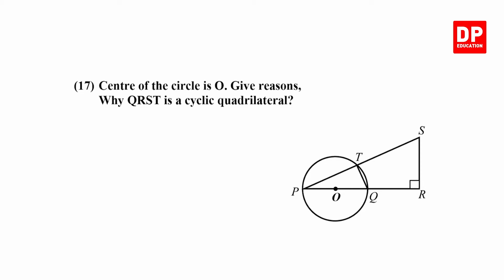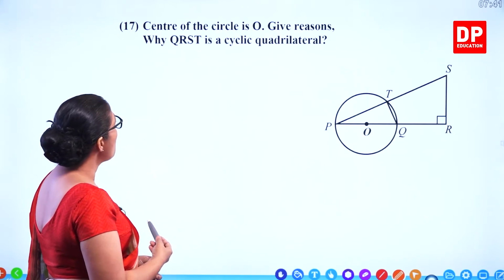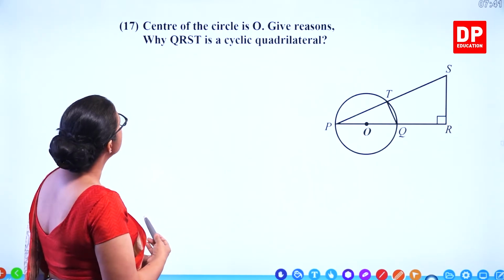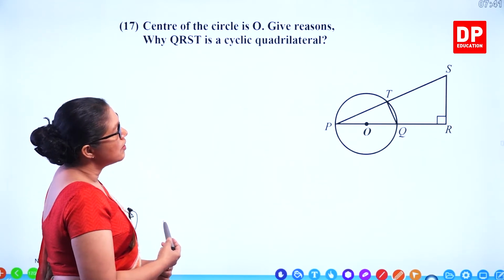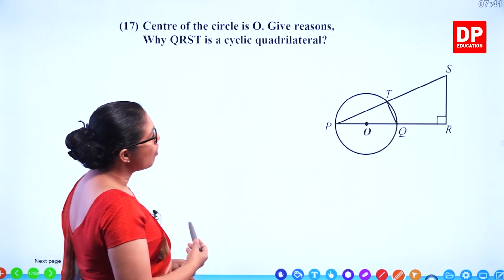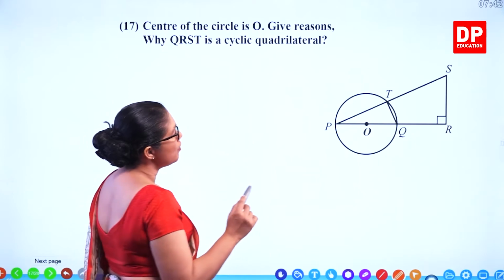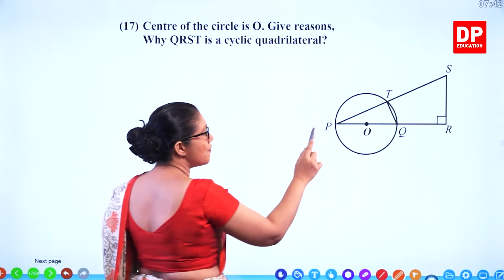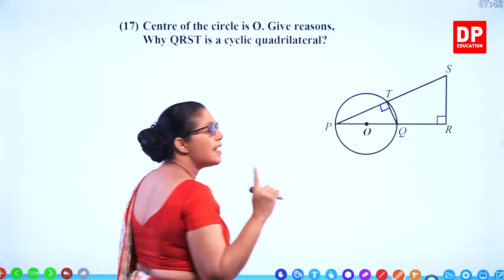Question number 17. Center of the circle is O. Give reasons why QRST is a cyclic quadrilateral. So why is that a cyclic quadrilateral? Look carefully. Can you see this PQ is the diameter of the circle? If this is the diameter, this is a semicircle, this angle is 90.